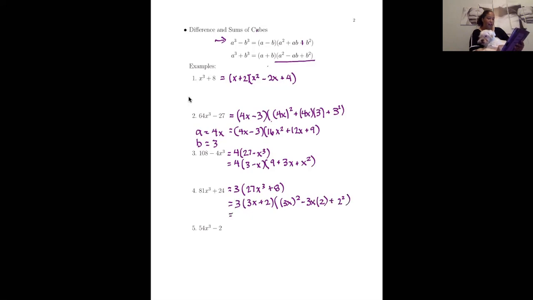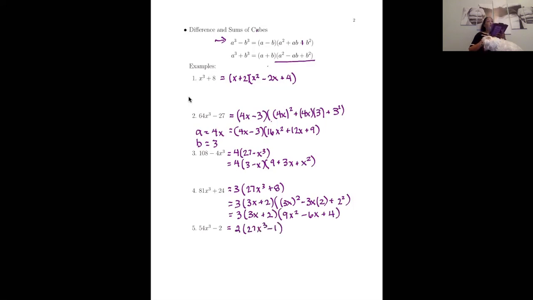All right, so we'll simplify, and I have a 3 times a 3x plus 2, 9x squared minus 6x plus 4. All right, and the last one, I'm going to factor out a 2, and I get a 27x cubed minus 1.